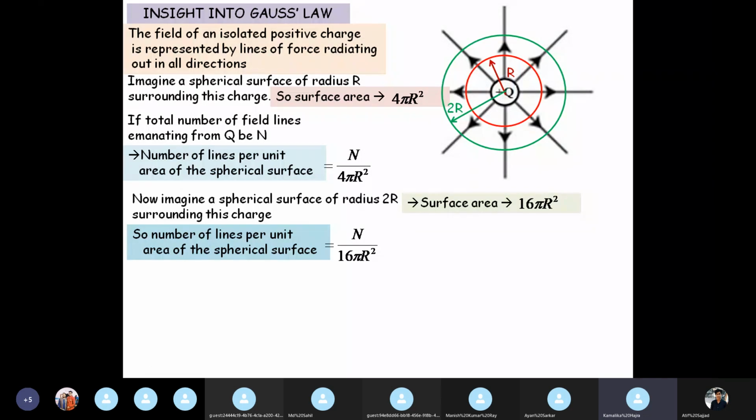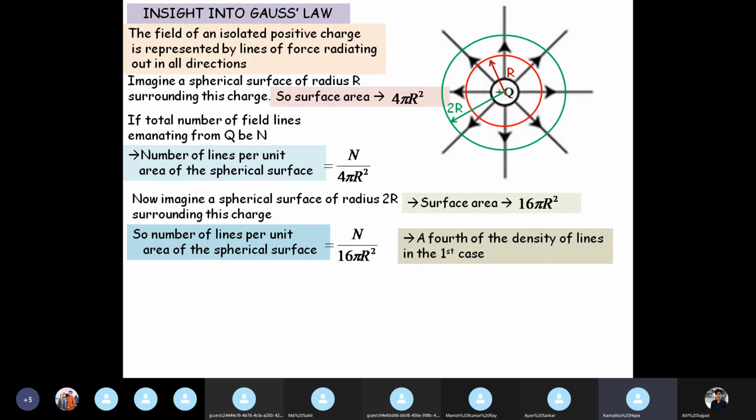So you can see clearly, from the picture and from the numbers also, that the density of lines of force decreases as the radius of the sphere surrounding the charge increases.